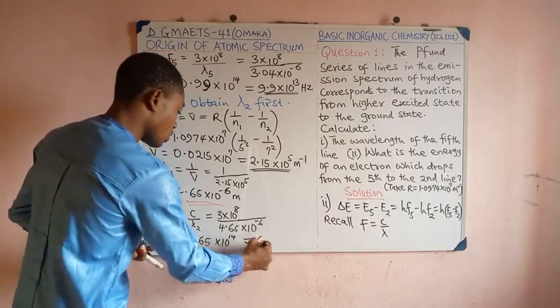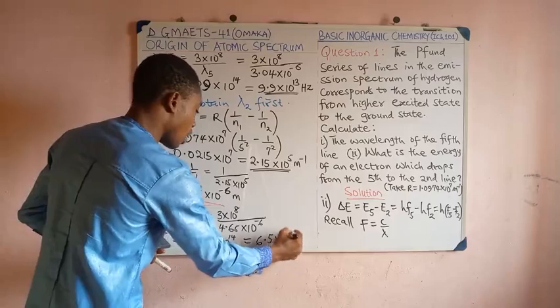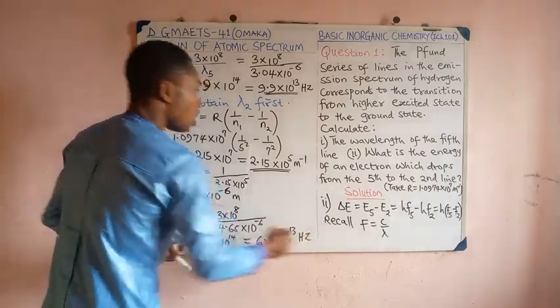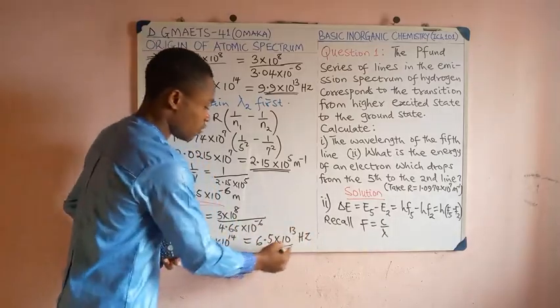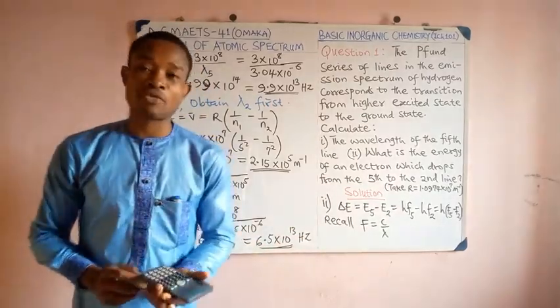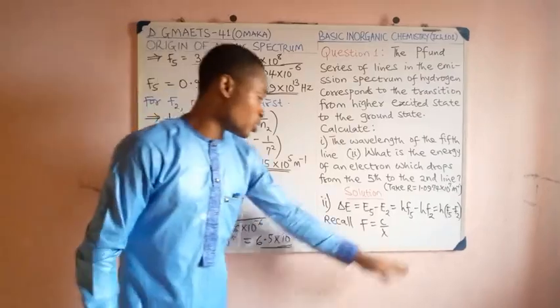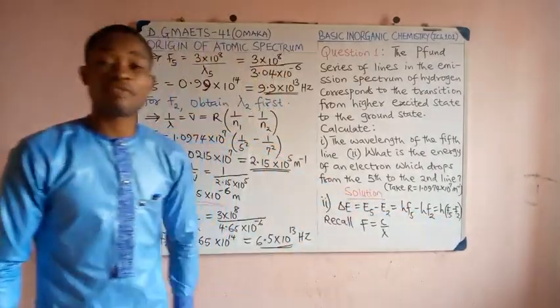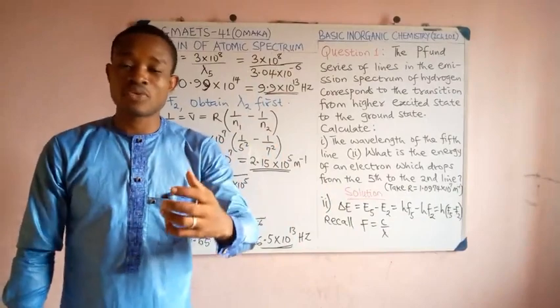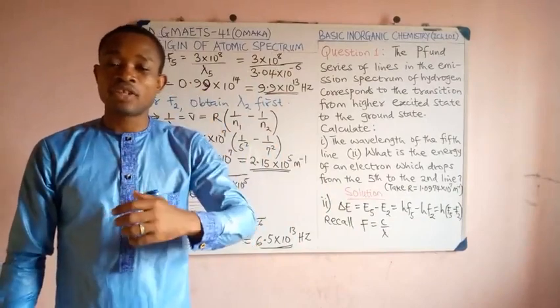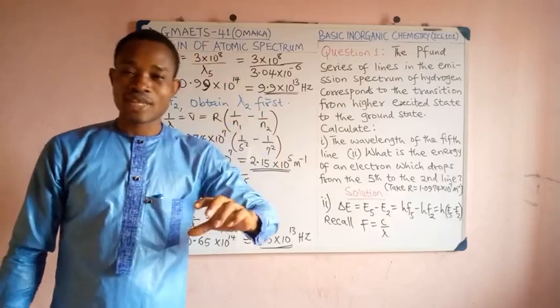This is equivalent to 6.5 times 10 raised to the power 13 hertz. Alright, so this is very good. We've obtained F5 and F2. We are now set to substitute them into this formula and get the value of the energy radiated when the electron fell from the 5th to the second line.